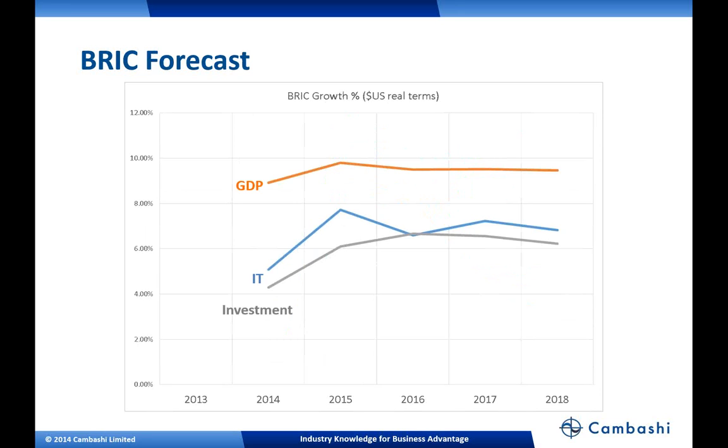And investment seems to be picking up from a bit of a lull in 13-14, although there's a slight tail off towards the end of this period. Now IT has an interesting profile, and that might indicate to us that there are maybe some uncertainties ahead for us. But what's important now is to see where tech apps is going relative to these indicators.